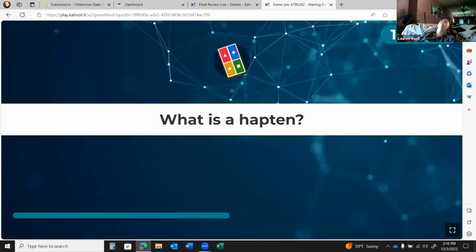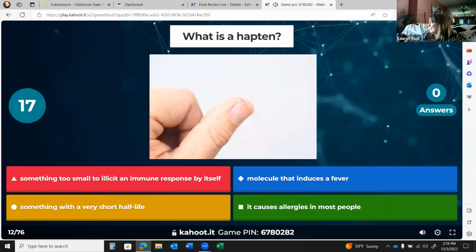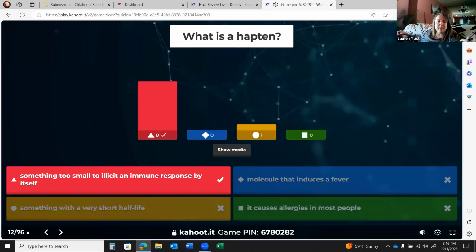Right. What is a hapten? Right, so this is going to be something that is too small to elicit a proper immune response.